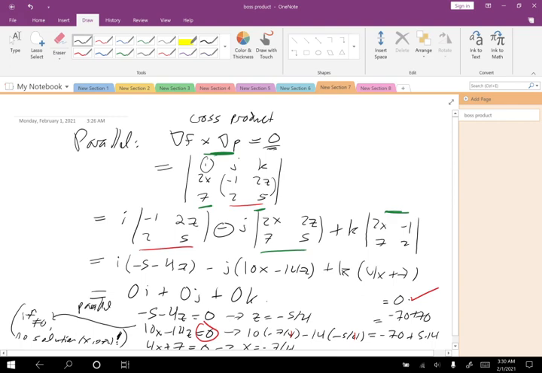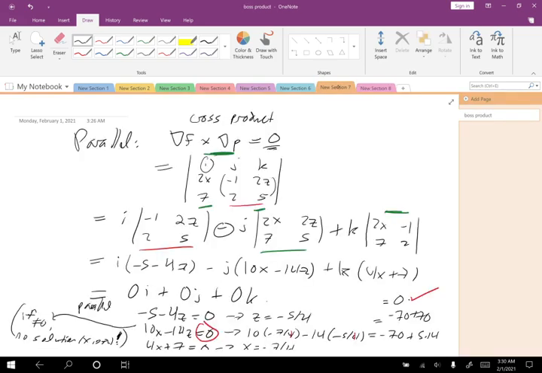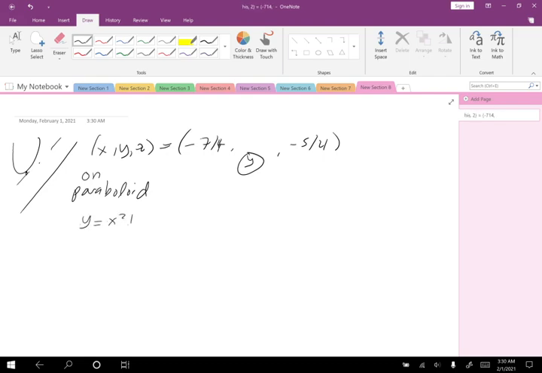So therefore, our point x, y, z equals, let's see what we get. We got negative 7 over 4, and we need our y, and then our z is negative 5 over 4. This is the desired point. We need our y, but luckily it's on the paraboloid. Remember, it's the point on the paraboloid parallel to that line. So the paraboloid was y equals x squared plus z squared.